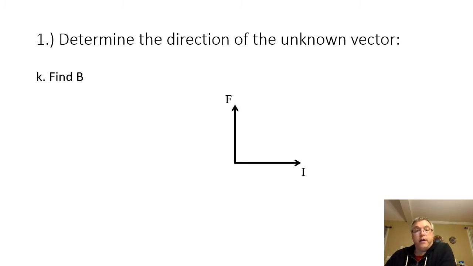Part K gives us the direction of the force in the positive Y direction, gives us the direction of the current in the positive X direction, and is asking us to find the direction of the magnetic field. So if the force is pointing upward or in the positive Y direction, my thumb wants to be facing upward. My fingers, which give me the direction of the current, want to be facing to the right or the positive X direction.